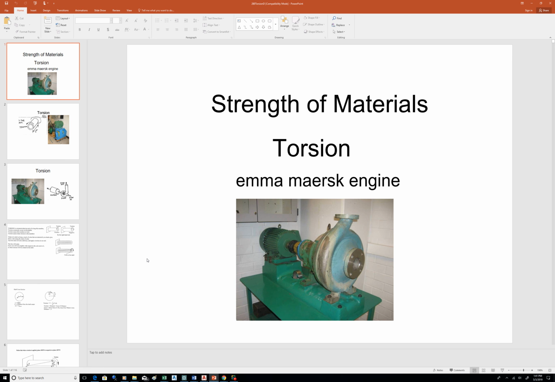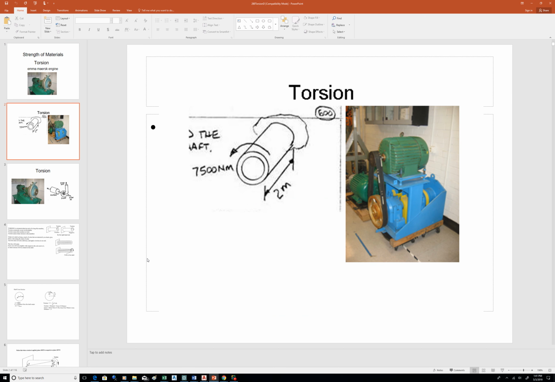Torsion is the twist about the center of a shaft. When I think of torsion, I think of a crankshaft on an engine. I think of a PTO, they call it power takeoff shaft, on farm equipment or construction equipment. Any shaft that's spinning is going to generate torsion. So the torsion is the moment about the long axis of the shaft.